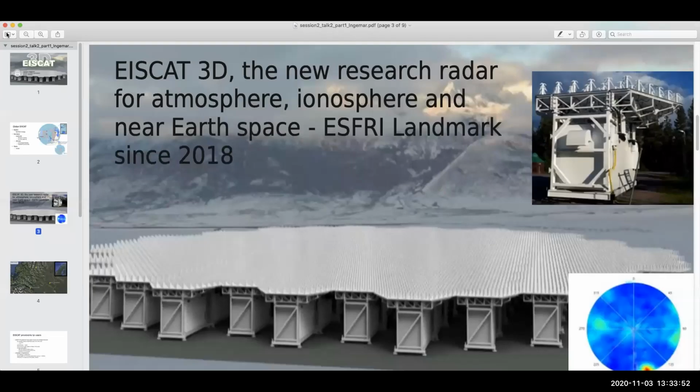Yes, but I will continue with the EISCAT 3D. So far we have just the picture on the right corner here, which is one little part of the full array. The EISCAT 3D is a phased array radar consisting of many small antennas, and each of these antennas is producing data.